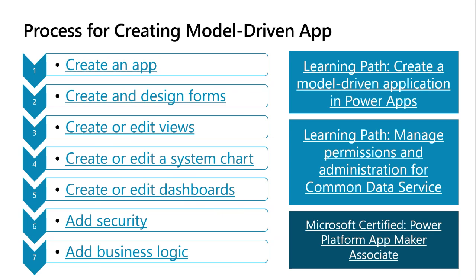So if you think about finance and operations, most of our pages start with a list. And we have the concept of saved views where we can put queries. Views in customer engagement or in the common data service are very similar. So you start from a list, you select the record that you want, and that takes you into that detail page, which is called a form in the common data service.